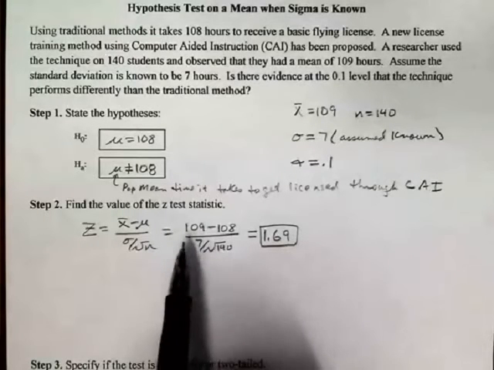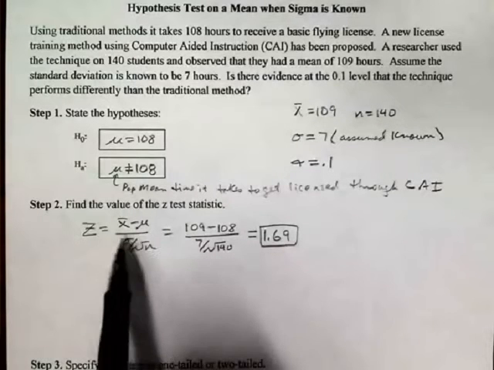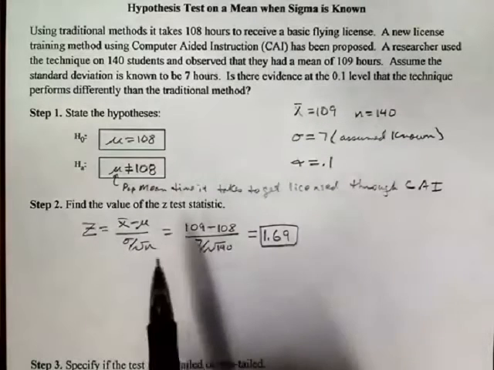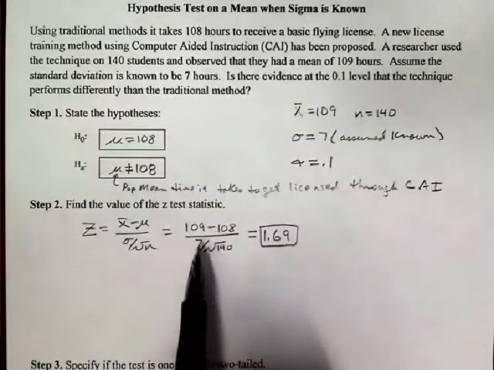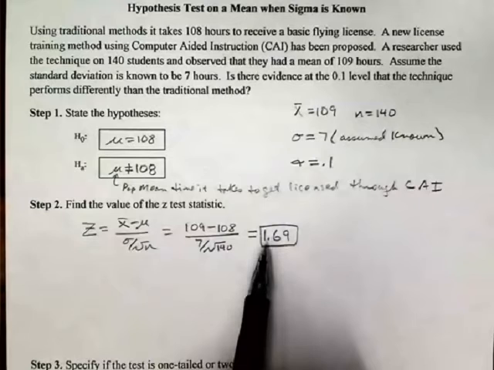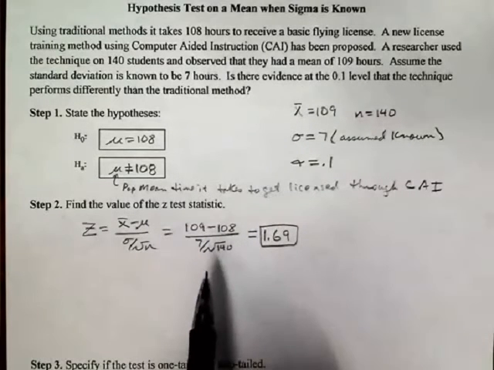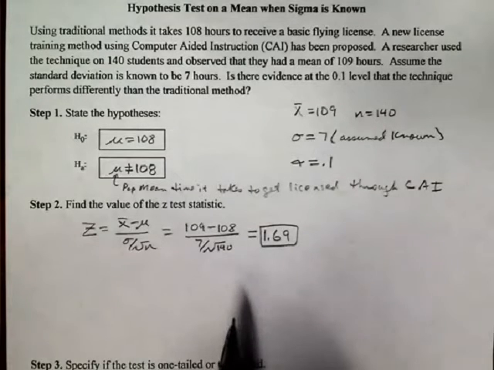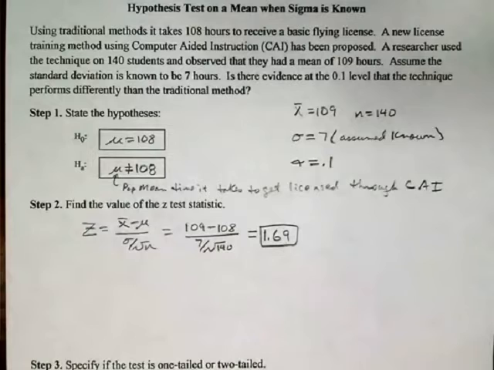I take this distance and I divide by sigma over root n, because that's the standard deviation of x bar. And when I divide by sigma over root n, this gives me the number of standard deviations x bar is from 108. So we're saying we are almost 1.7 standard deviations above the null hypothesis. That's what our data is telling us.